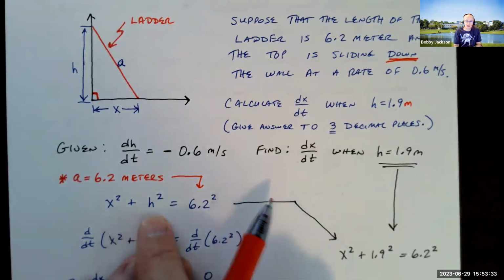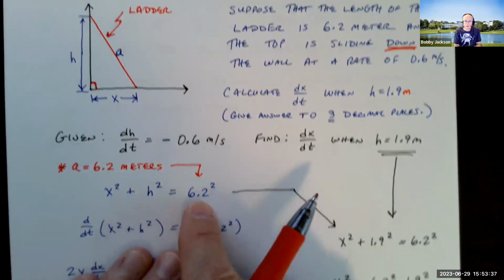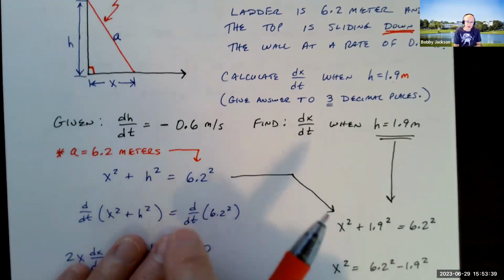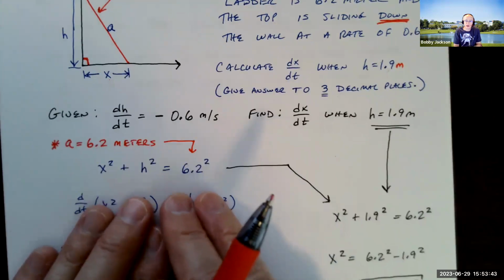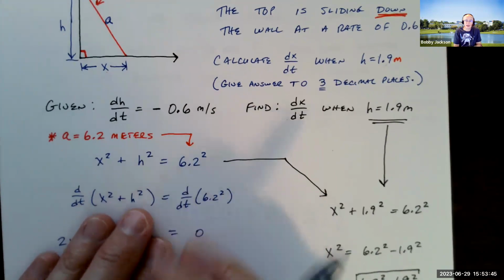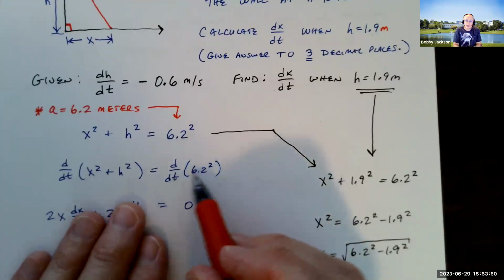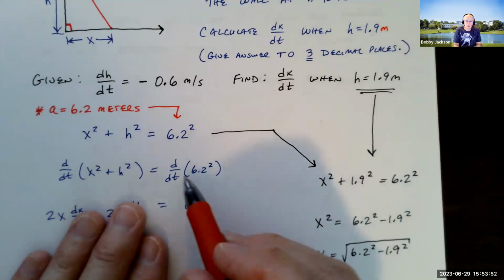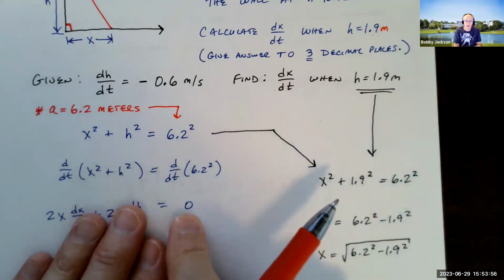So x squared plus h squared equals 6.2 squared, because that's going to be some number you can square in your calculator. Now, that's our equation. We now need to find our related rates equation. We don't want to plug anything in yet. So I take the derivative with respect to t of both sides. Over here, 6.2 squared is a constant, so the derivative with respect to t is 0. The ladder length is not changing.